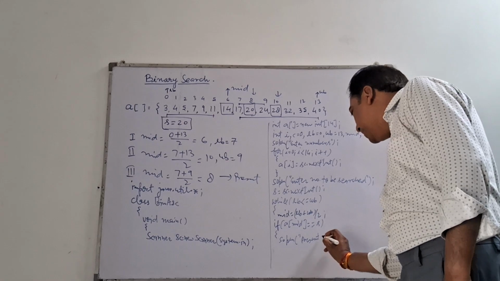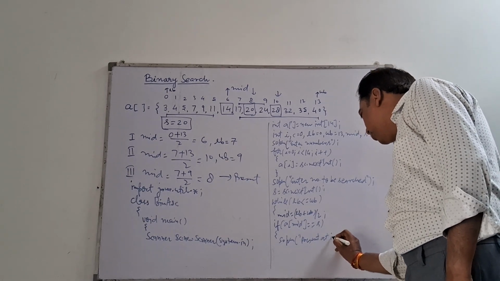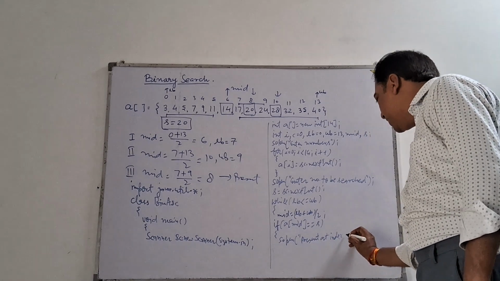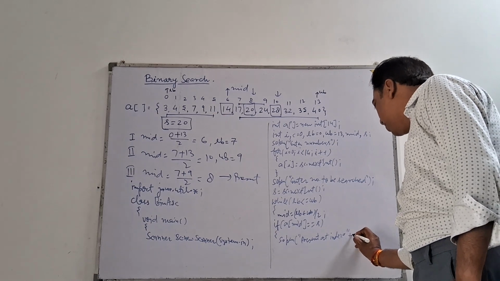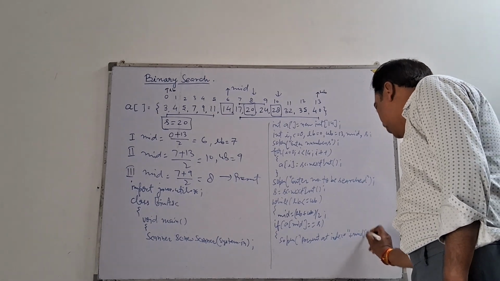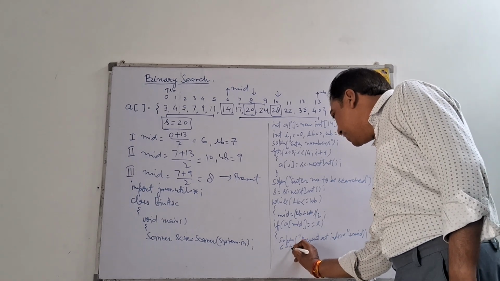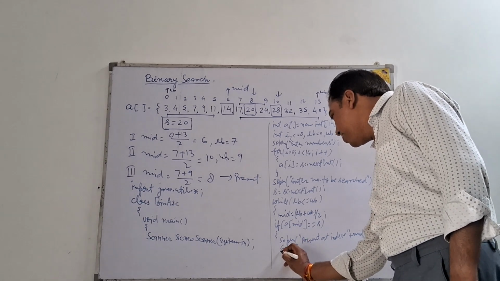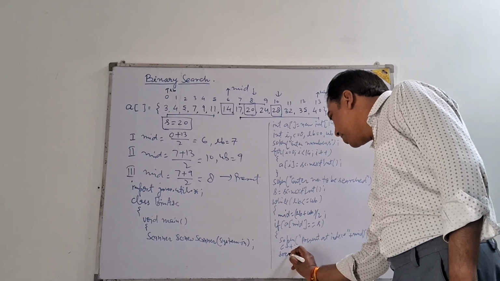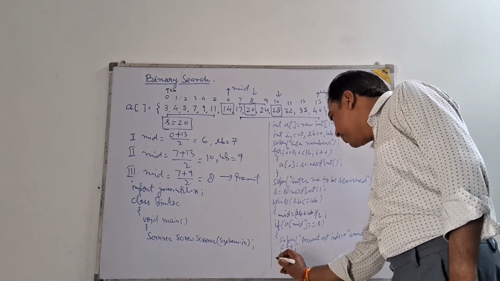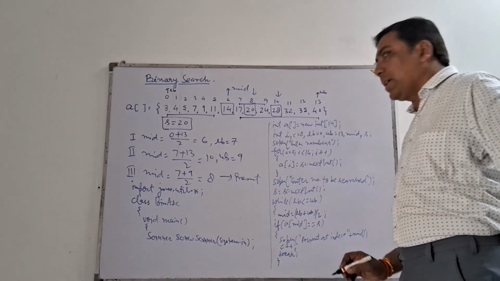If you want to print its index also, mid will be the index. Number is present at index mid. We will use the counter variable if a number is found and then apply the break. So this is one condition.